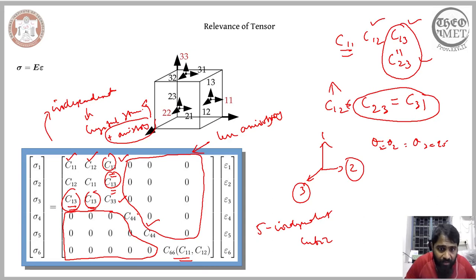Now, when I'm able to tailor this stiffness matrix through appropriate processing, I will be able to achieve the desired degree of anisotropy or isotropy in my material. If through certain processing techniques I'm able to achieve identical values of these entries, or reduce some non-zero entries to 0, it essentially means I'm able to increase or decrease the anisotropy. I'm essentially changing the crystal structure of my material.